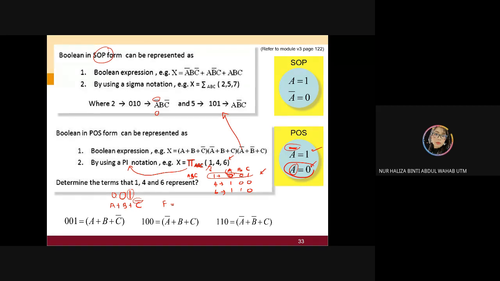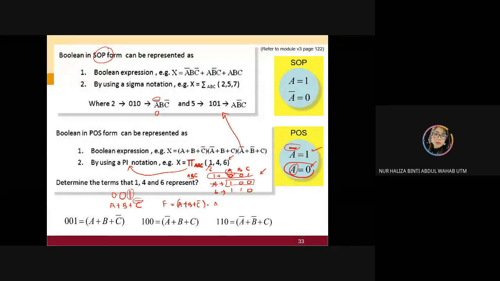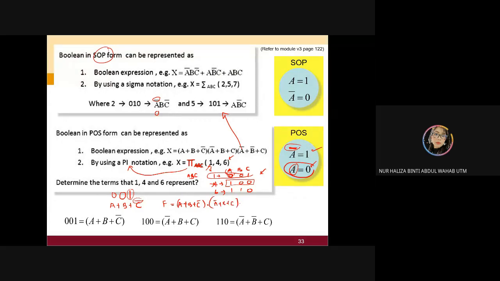Okay, now you have here A plus B plus C bar, multiplied with your number 4 here. It will be A bar plus B plus C, multiplied with A bar plus B bar plus C. So this is your Boolean expression.